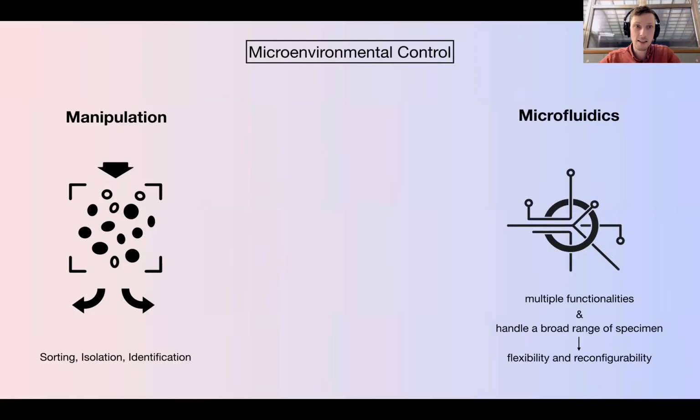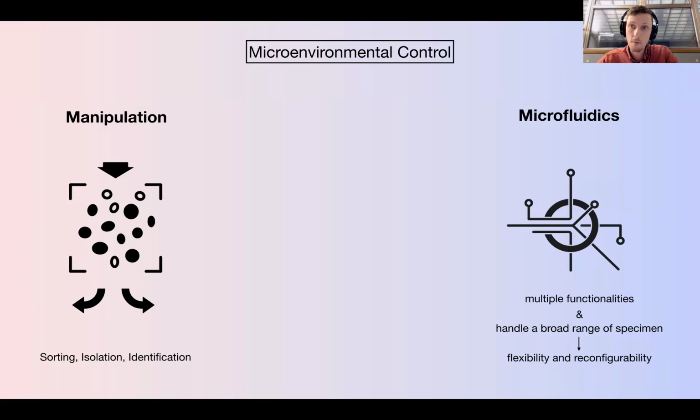The other side of the coin is the microfluidic part. Microfluidics is great because it gives you quite a high control over these environments by spatially shaping the way it looks. You can have, for instance, a single channel or multiple channels. You can put pillars inside, which change the flows and can then be used for sorting.